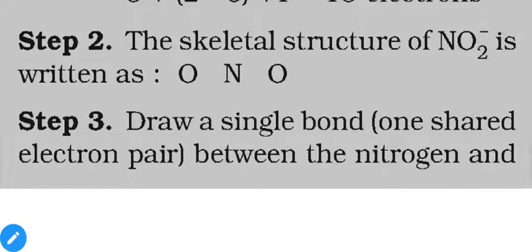Now at least one bond must be present between each pair of atoms, so we have to arrange 2 electrons between each pair of atoms. That means we have to put 2 electrons between oxygen and nitrogen to get a single bond between them. So let us try to find the structure.